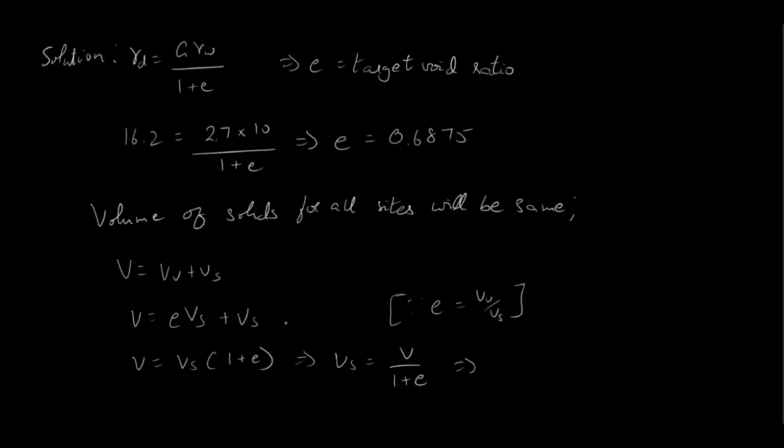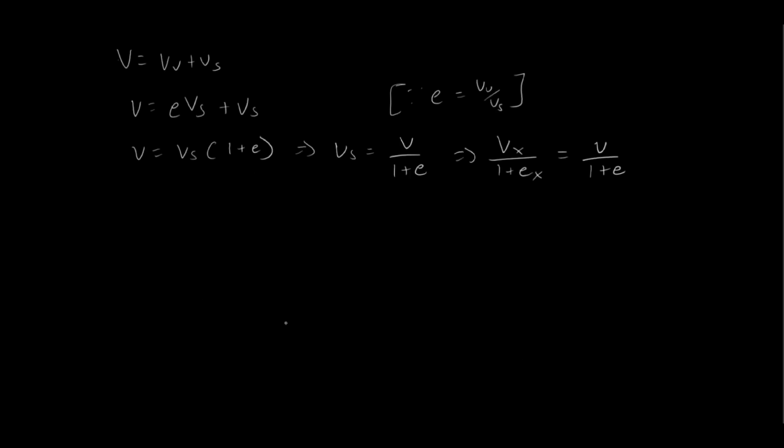If you see, volume of solids for site X and site Y are equal, then Vx by 1 plus e will be equal to, you have to compare with the construction site, because there you are having the target unit volume and target void ratio. Okay, so it will be equal to V by 1 plus e. So we will be making it as 1 plus ex.